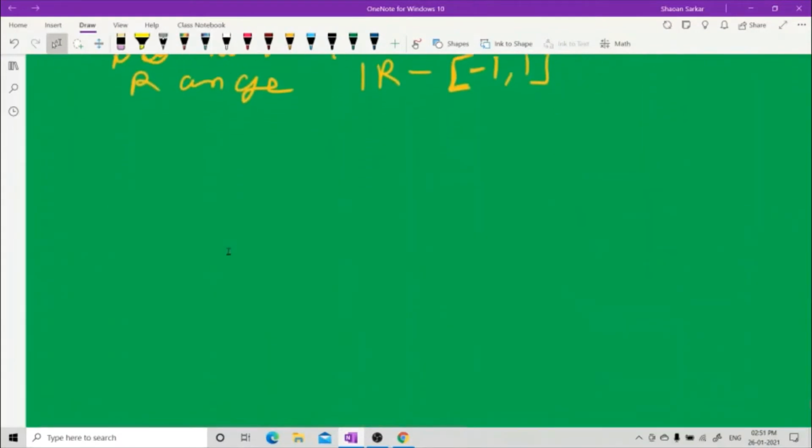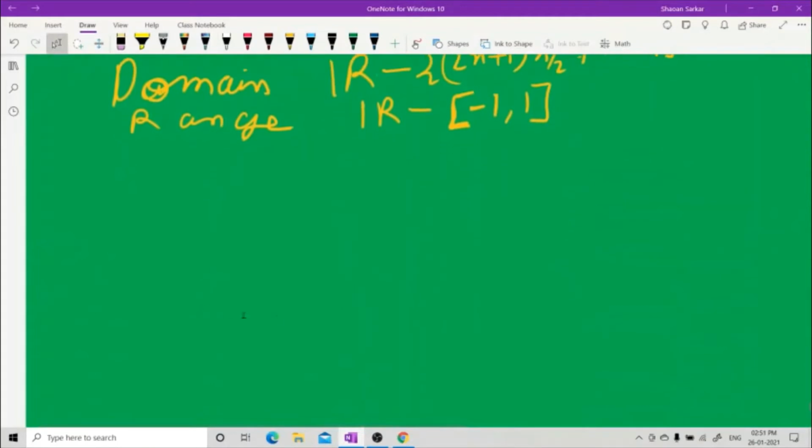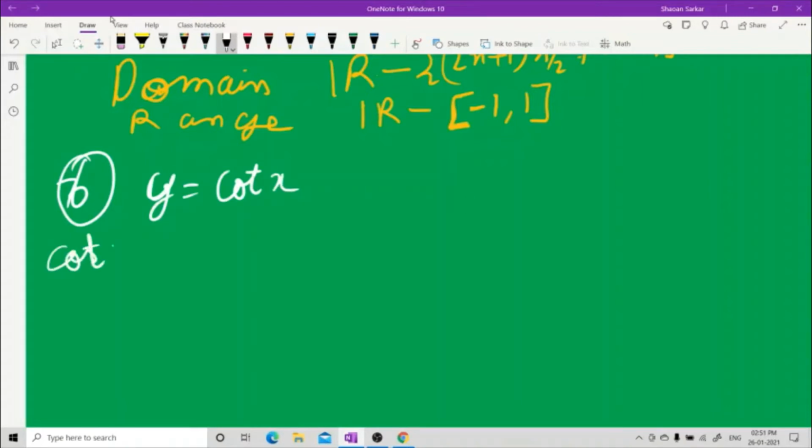Now we have to go for the graph of cot. This is the sixth one, y equal to cot x. Now see, cot x means 1 upon tan x.